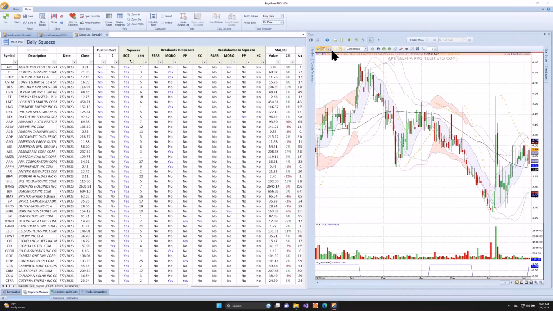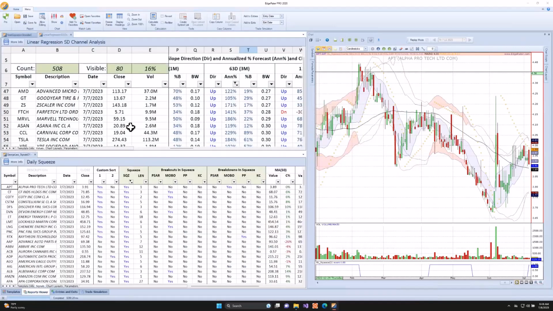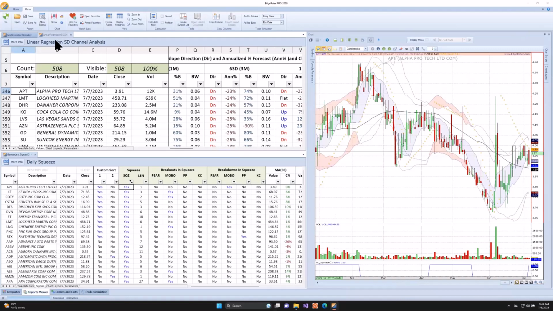And then if you have your chart set up to link to the template layout, this button here, it will actually change the layout whenever you look at the chart. So to show that in action, if I go back to the linear regression report, first of all, I'm going to remove my filter from here. And now I'm going to click on APT. Okay, so now the linear regression template has updated to bring APT to the top of the list.